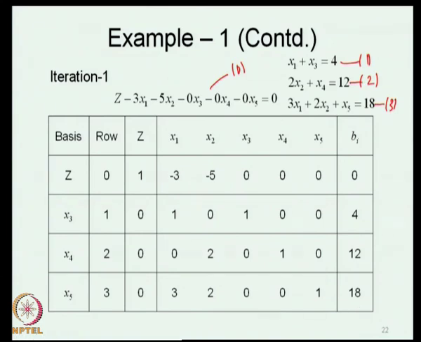Any simplex tableau at any iteration will provide us the solution. What is the solution? This is the variable and this is the value. Z is equal to 0, x 3 is equal to 4, x 4 is equal to 12, x 5 is equal to 18 is the solution, and x 1 equal to 0, x 2 equal to 0 because they are non-basic variables. Remember, any variable that is not in the basis is a non-basic variable and therefore its value will be 0.